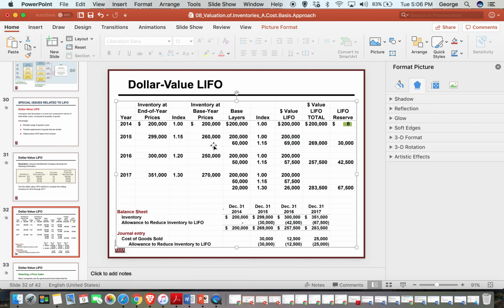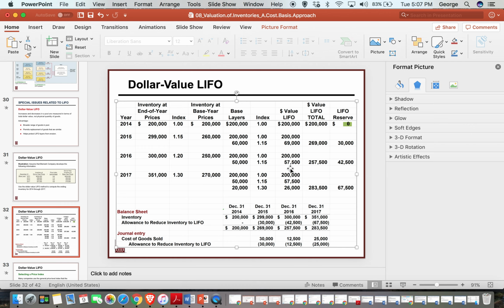The total value under LIFO is 269: the 200,000 plus 60,000 times 1.15. Over here, though, inventory is 299, so we've got a $30,000 reserve for this inventory. Same thing for 2016.